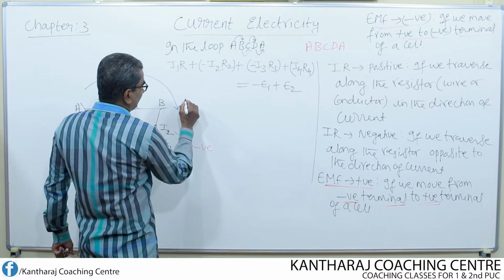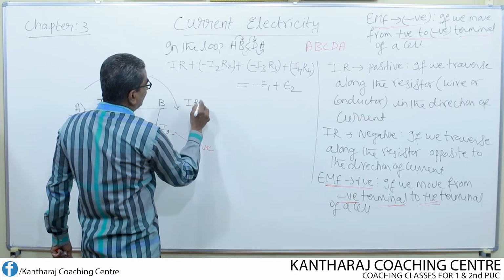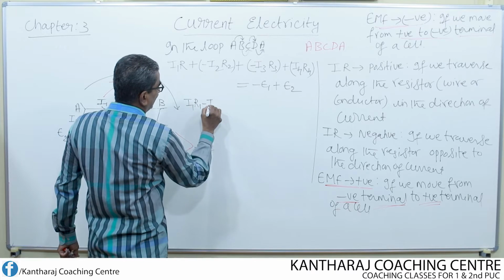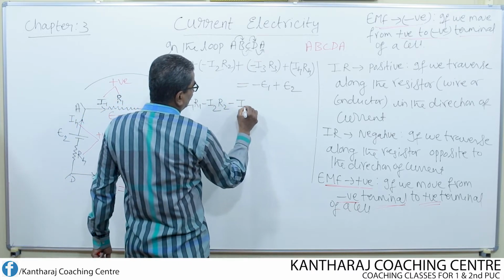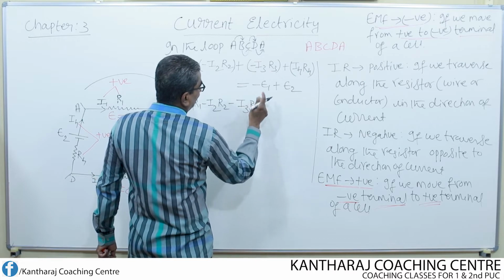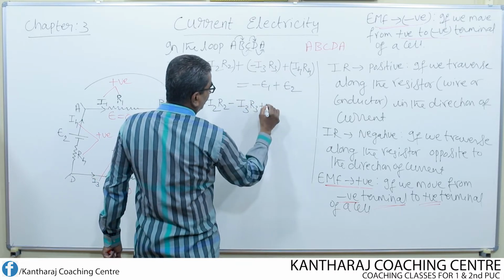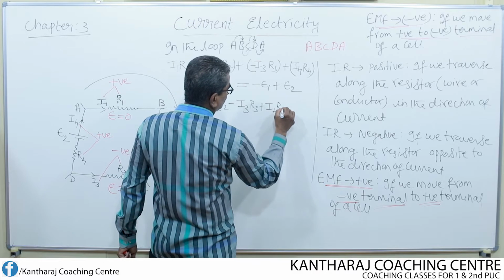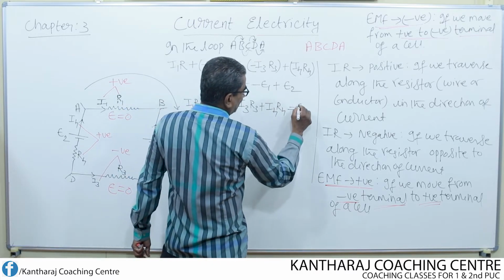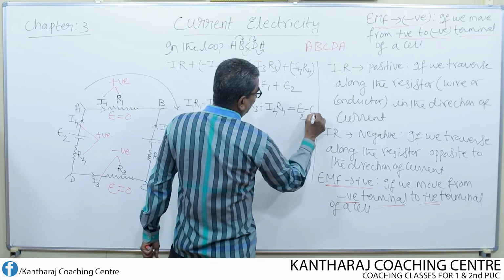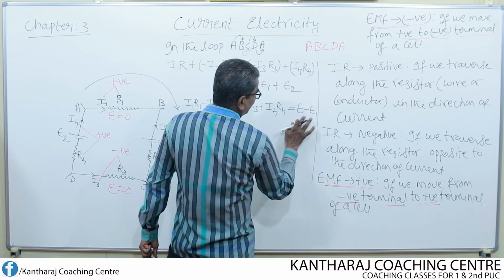Let us rewrite this equation now. I1 R1 plus into minus, minus I2 R2 plus into minus, minus I3 R3, then plus I4 R4, equal to, this can be written as E2 minus E1.